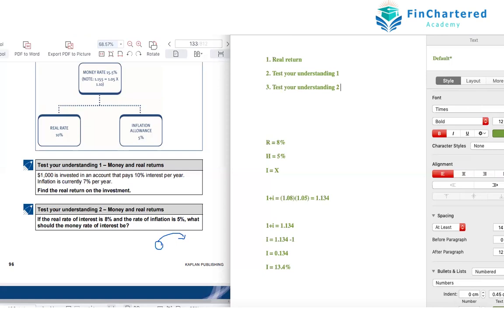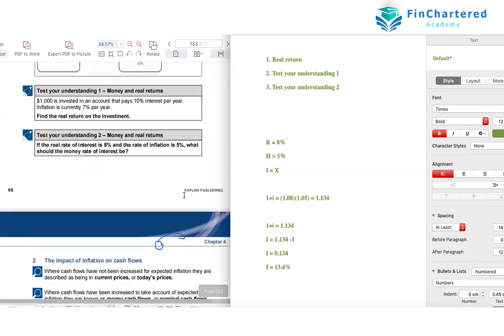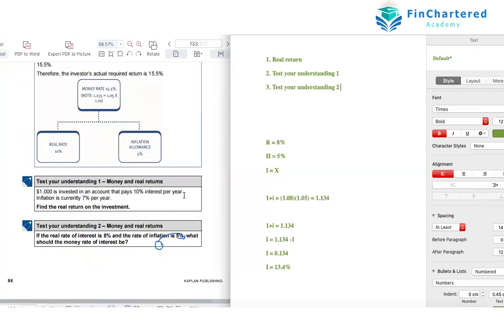The next part of this chapter is inflation in more detail: the impact of inflation on cash flows. We're going to look at that, and I will try my best to explain it to you with the help of an analogy or a story or example.